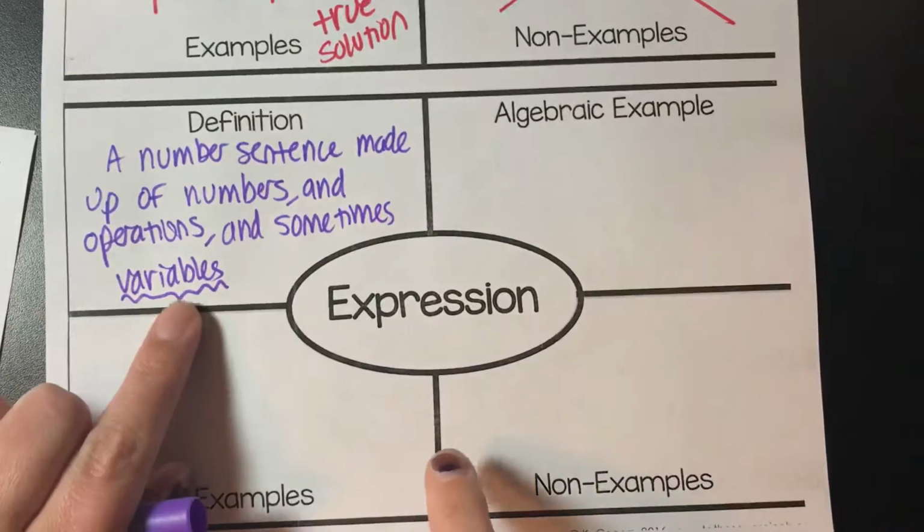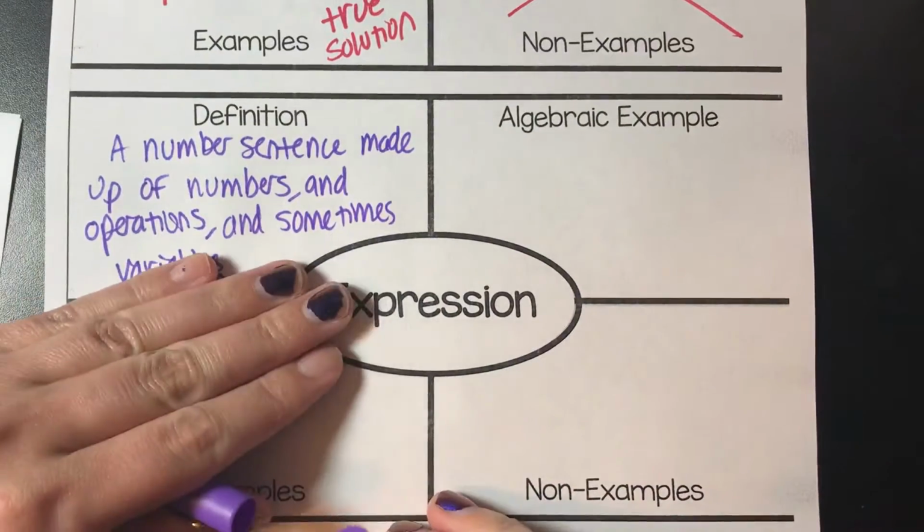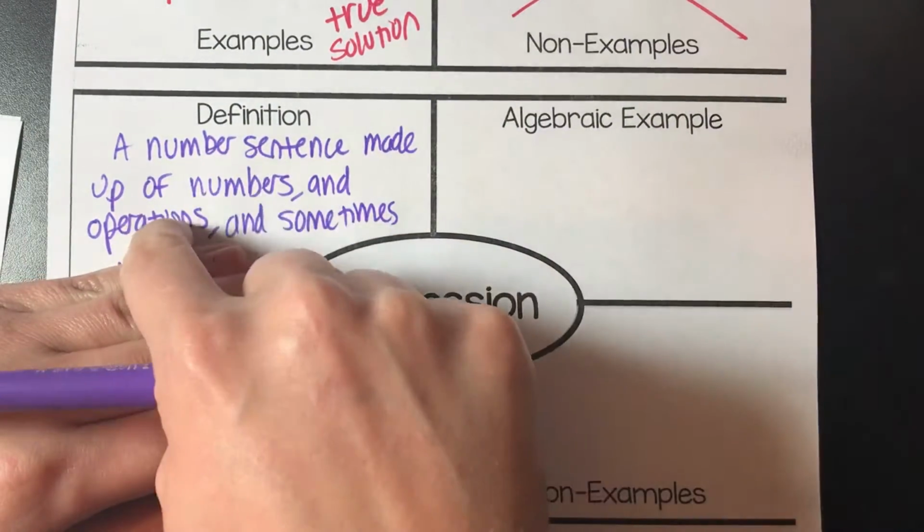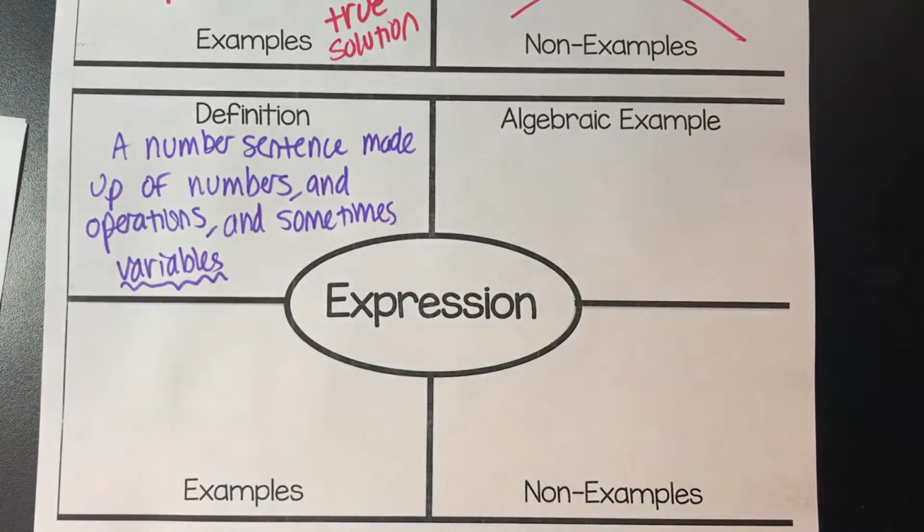So remember, if it has variables, it means it's algebraic, and if it doesn't, if it just has numbers and operations, it means it's numerical.